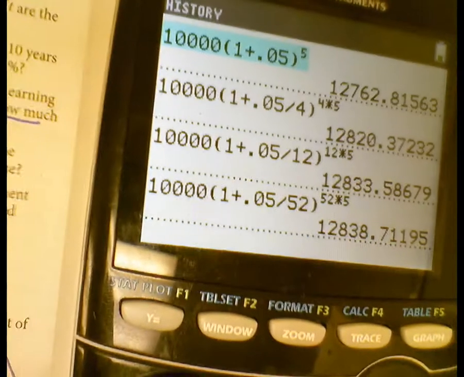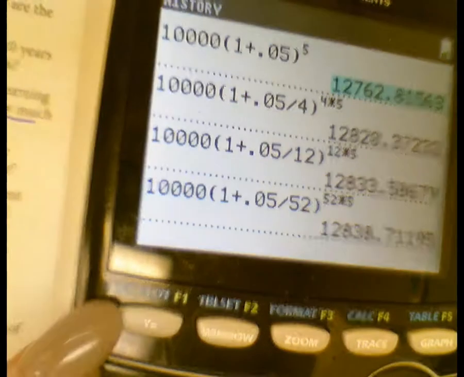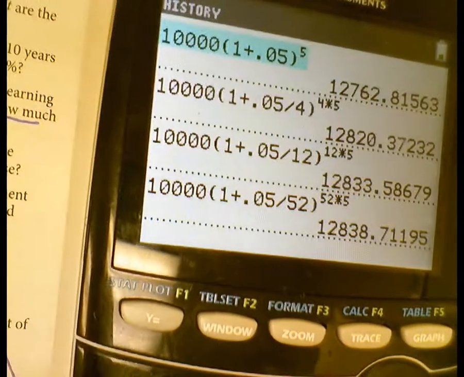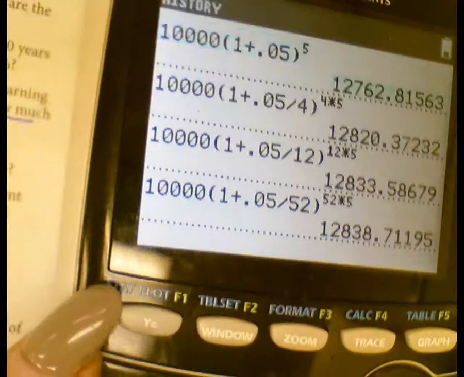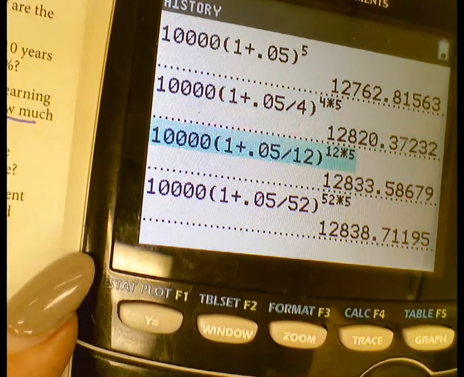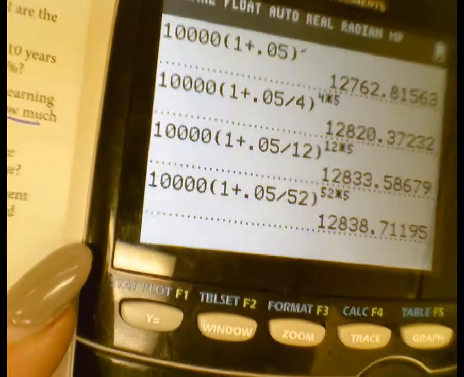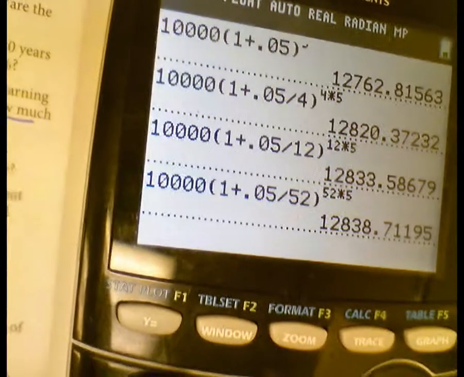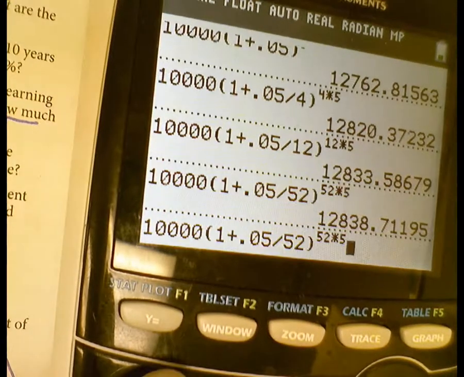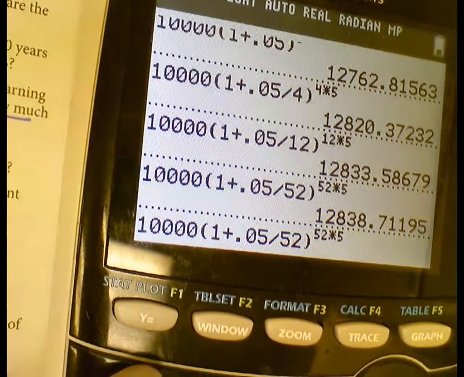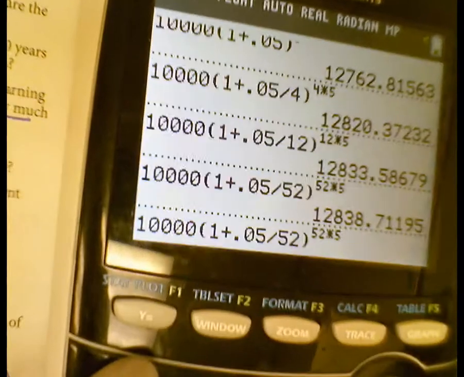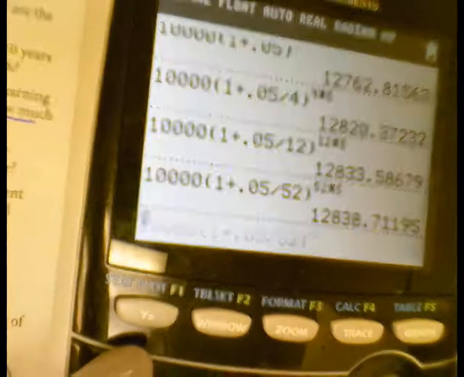Copy paste. All right, I can't remember how to do this. I'm just going to have to go back and do all this. Oh, I see. Let's do this again.